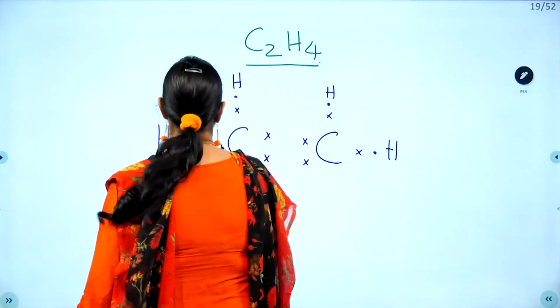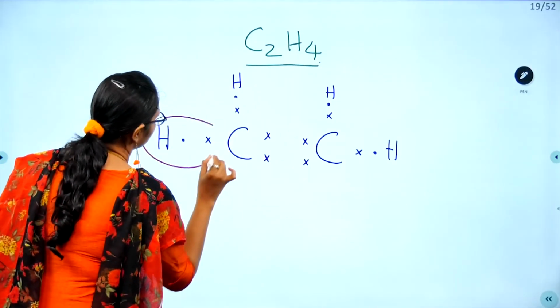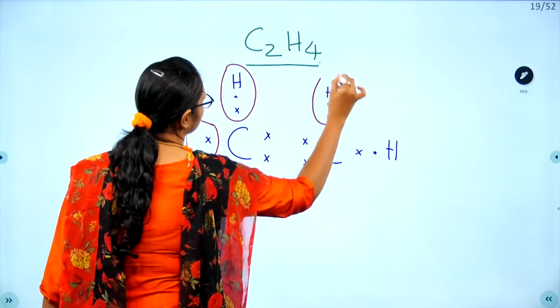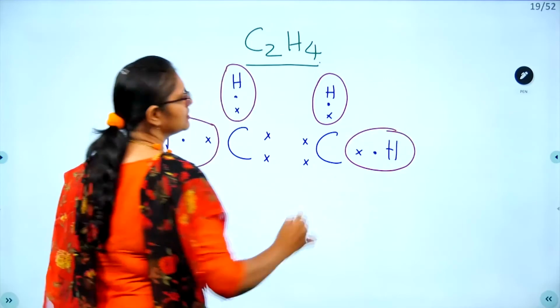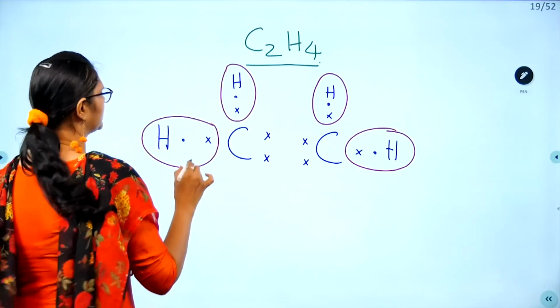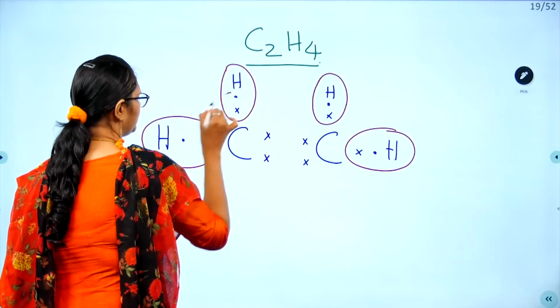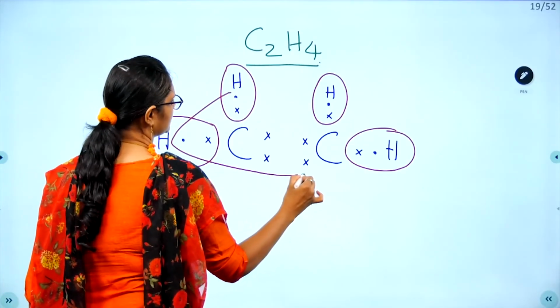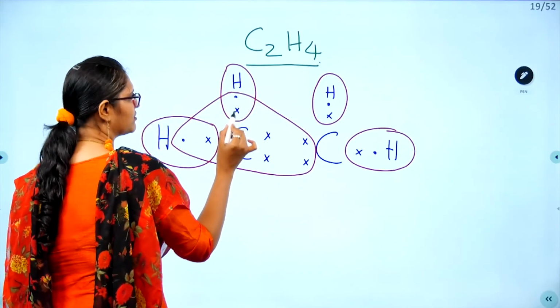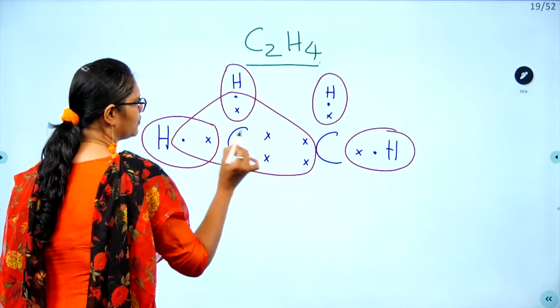See now? Now this hydrogen will reach duplet. Similarly this hydrogen, similarly this hydrogen. Hope you got it. Now let us see the carbon. 1, 2, 3, 4, 5, 6, 7, 8. Like this. Okay. So it is covering like 8.